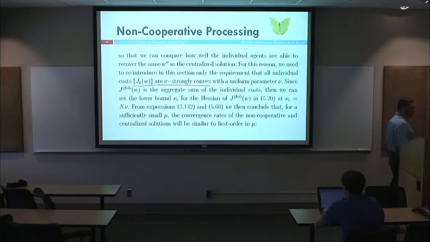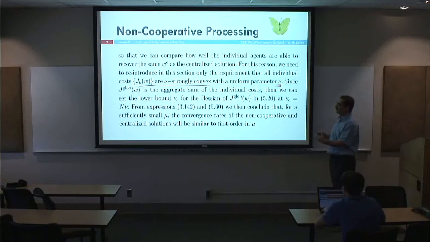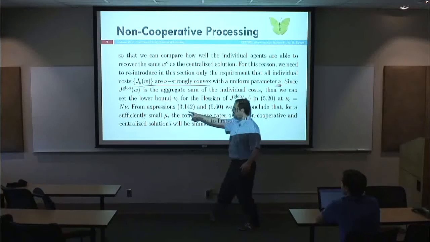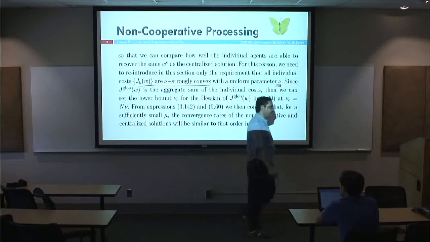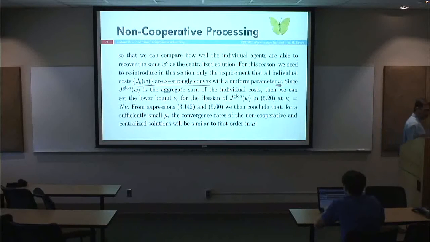So let's assume that each cost has parameter nu, so the Hessian of each individual cost is bounded from below by nu. So the Hessian for the aggregate cost is bounded from below by n times nu. That's all. I'm just saying that in this setting, you can choose this nu_c to be n times nu, right?